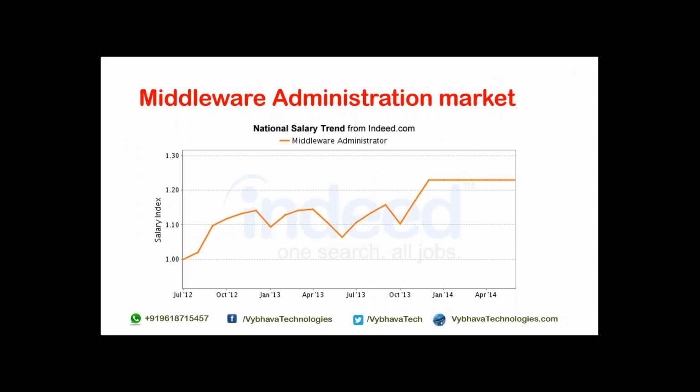For a middleware administrator, an Oracle Fusion Middleware administrator, it is more than 120k, 125k, or more. So if you learn only WebLogic, half of middleware administration is done, and only half remains. Any product from Fusion Middleware you can learn, and that will fulfill it. That depends on the project and the needs of the company.